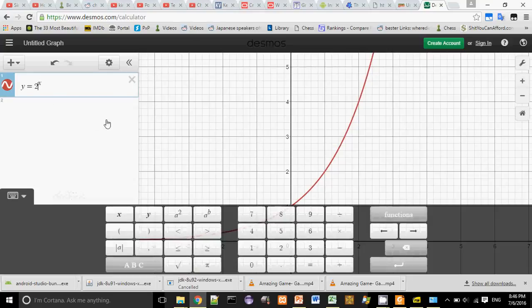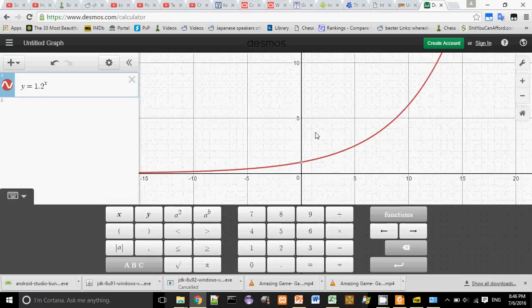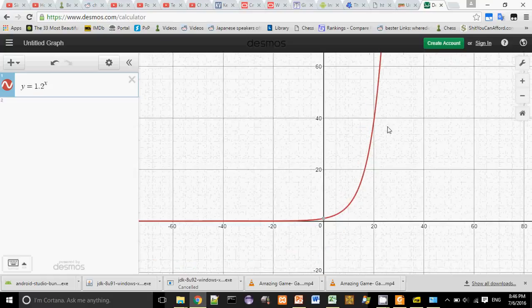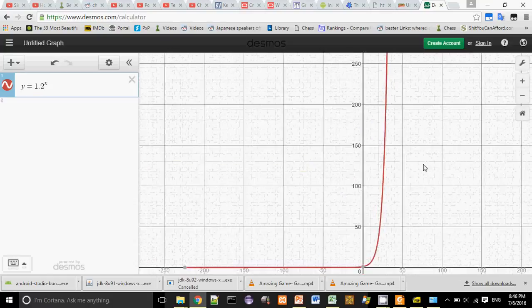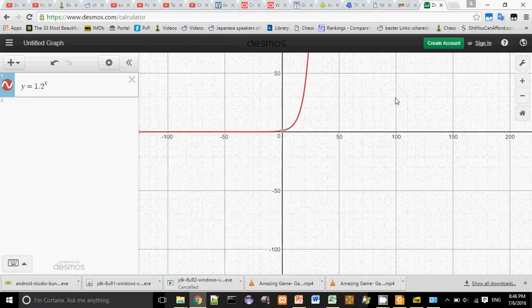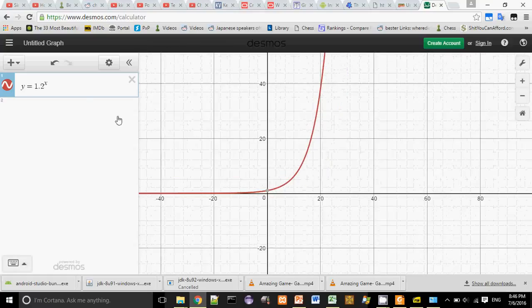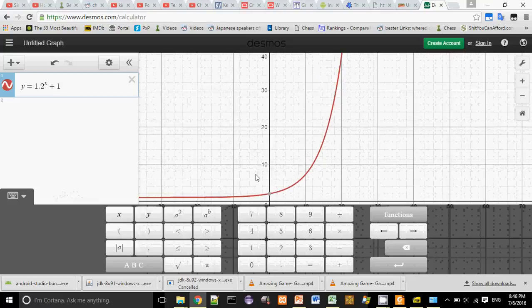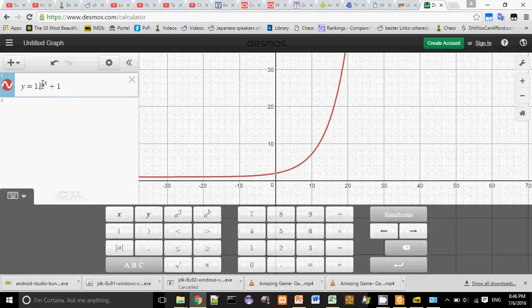Let's do a number a little bit more than 1, then you get a slightly more steady growth. But it still turns and pretty much becomes vertical. See what I mean? So yeah, that's pretty much it. Again, you can even just add 1. The whole thing shifts up. Let's just do 2 again.